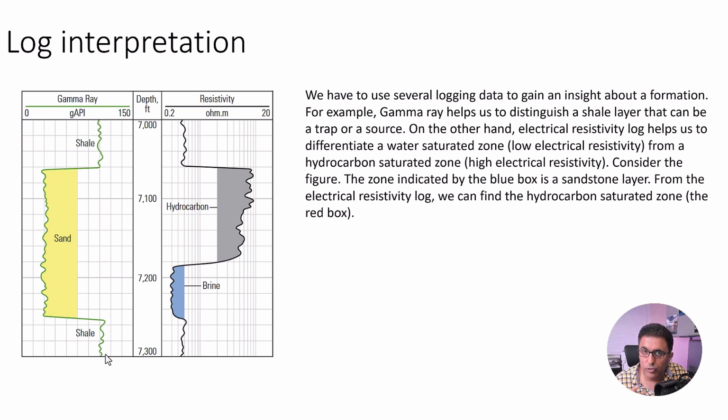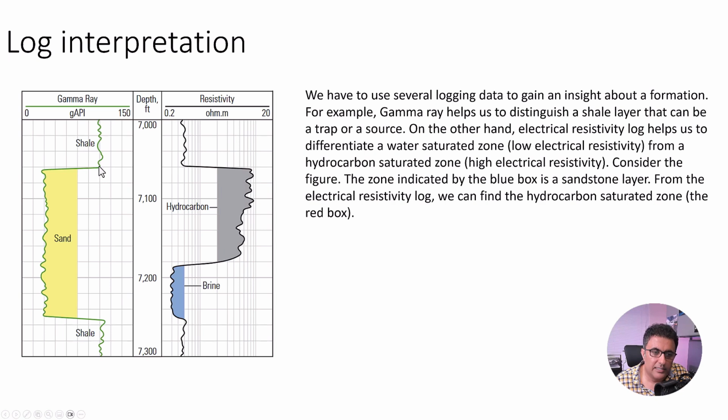So here is the thing: usually shale formations produce a lot of gamma rays compared to sandstone or limestone formations. As a result, whenever the gamma ray reading is very high, close to 100, we may say that this is a shale formation. And you know that shale is not permeable, so shale is indeed an impermeable layer.